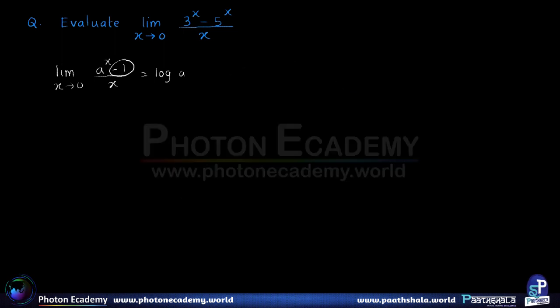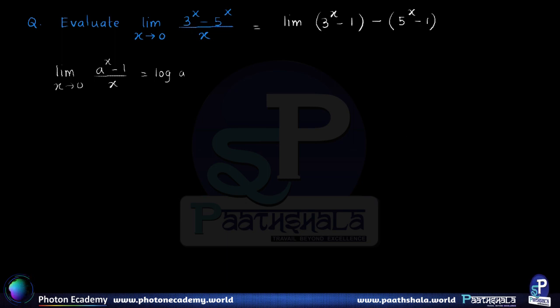required is not present. Now we can easily adjust that. First let us write 3 raised to x minus 1, right? And taking minus common from the second term, we can write 5 raised to x minus 1 inside the bracket, so that effectively we have not changed the value of the original expression, correct?